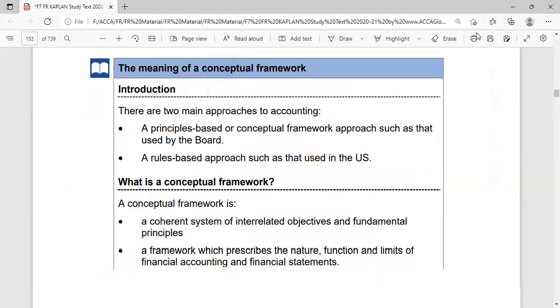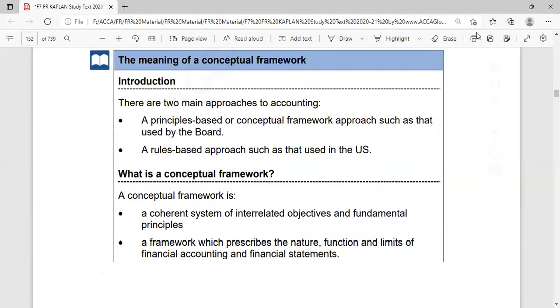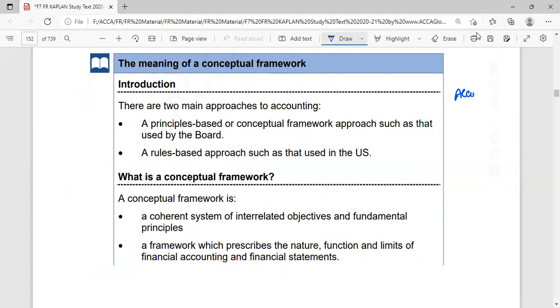Before that, generally in accounting there are two approaches: one is the principles based approach and another one is the rules based approach.